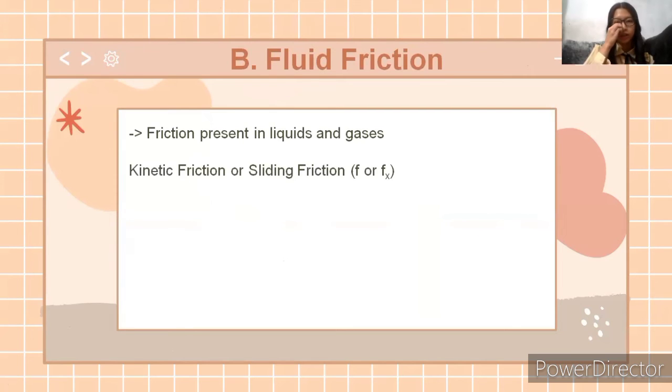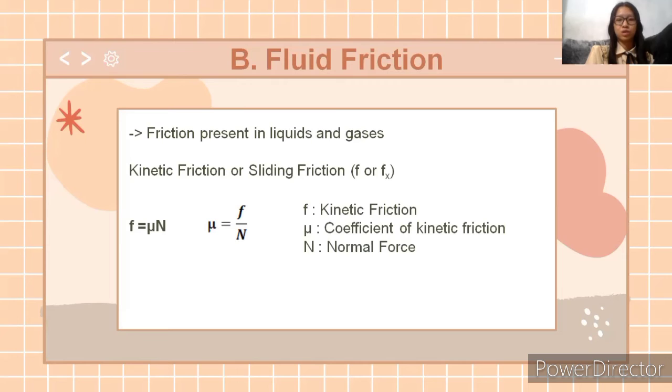Kinetic friction, or sliding friction, F or Fk. F is equal to mu times N, or mu is equal to F over N. F is kinetic friction, mu is the coefficient of kinetic friction, and N is the normal force.